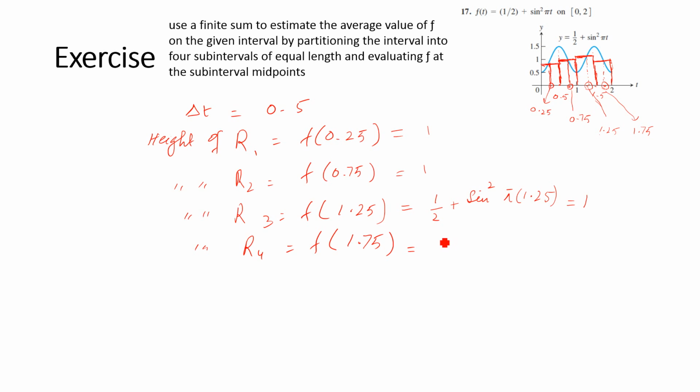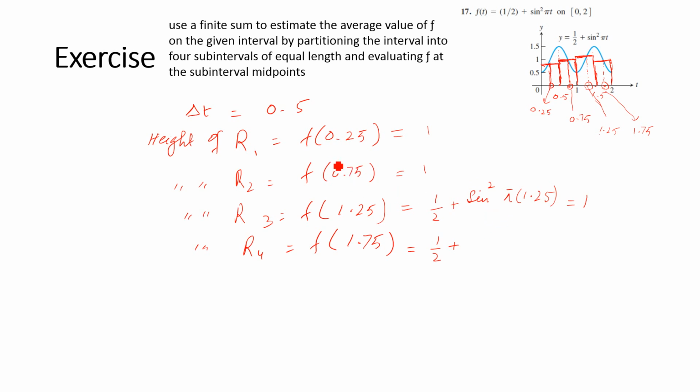Now, 0.25 is 1 by 4, so you can write it as 1 by 4. So similarly you can find the values in rational form as well.